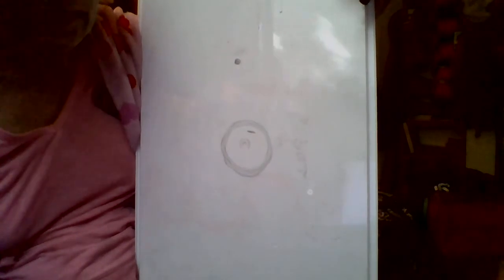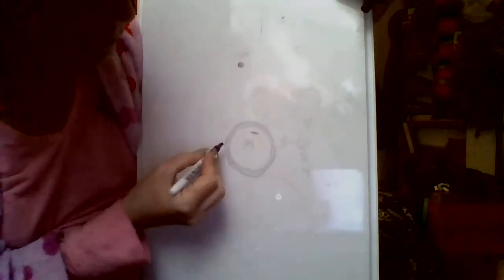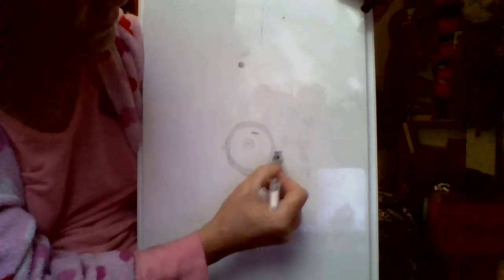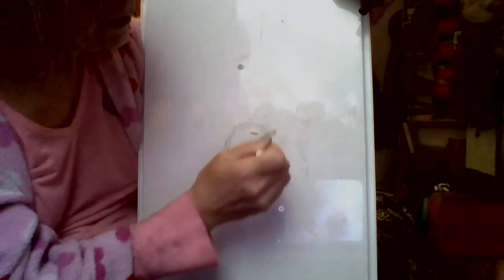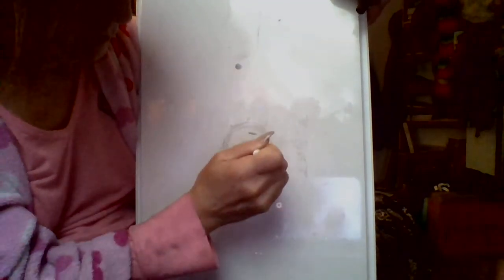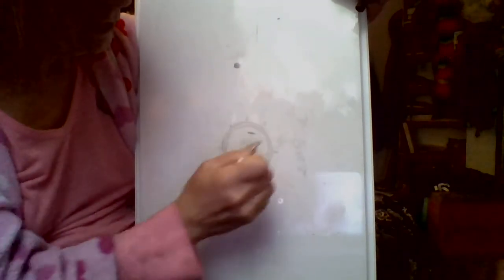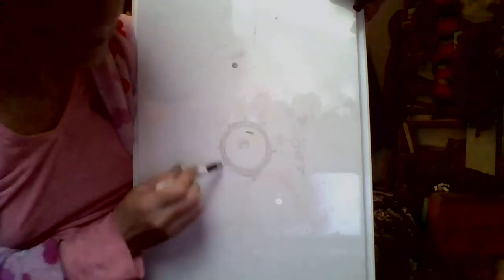Okay, this has surface. Now, if I touch it here, that will ground it out. If I touch it here, that will ground it out. If I touch it here, it will ground it out. It does not matter, because this is a unity. The charge is distributed continuously over the entirety of this object.